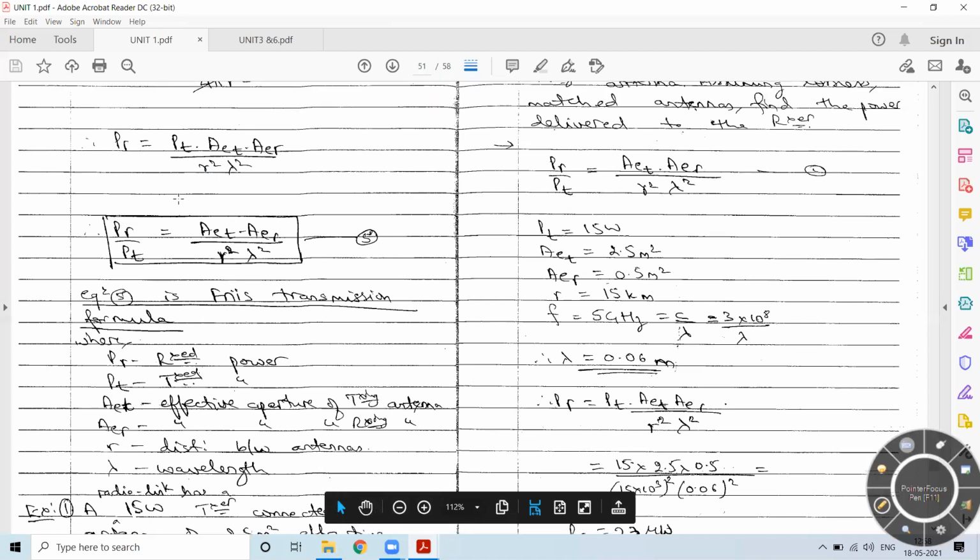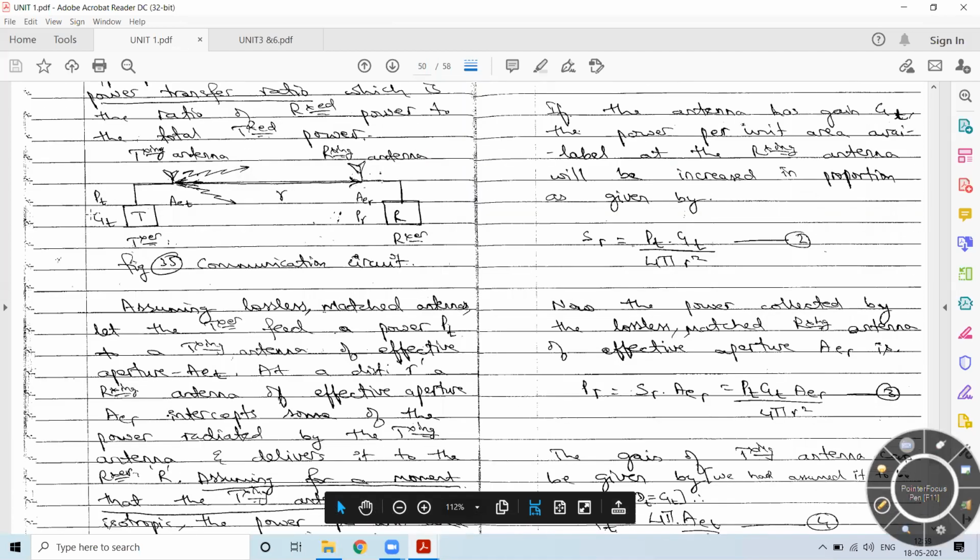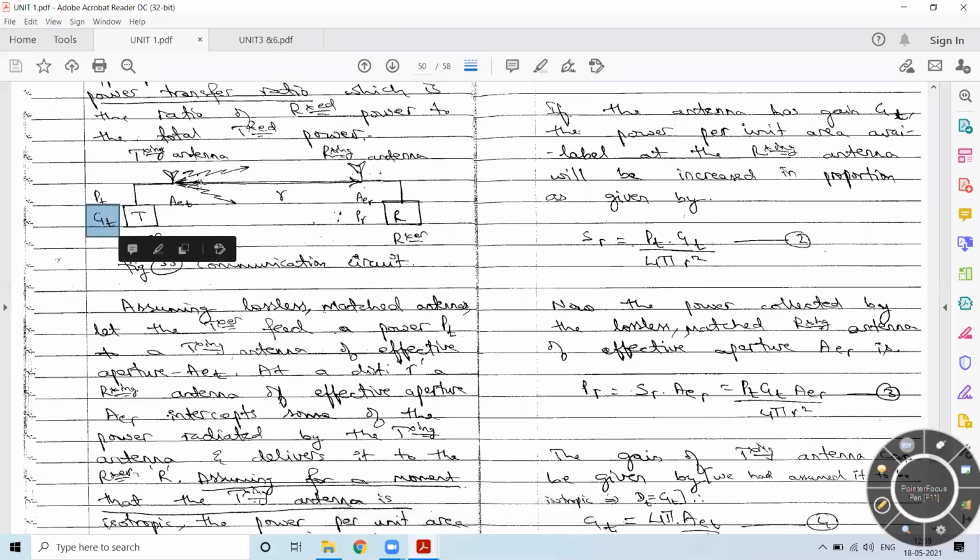This is based on one assumption that we made. We assumed that it is isotropic in nature. Because of that, directivity is equal to gain. We are considering that the system is 100% efficient.